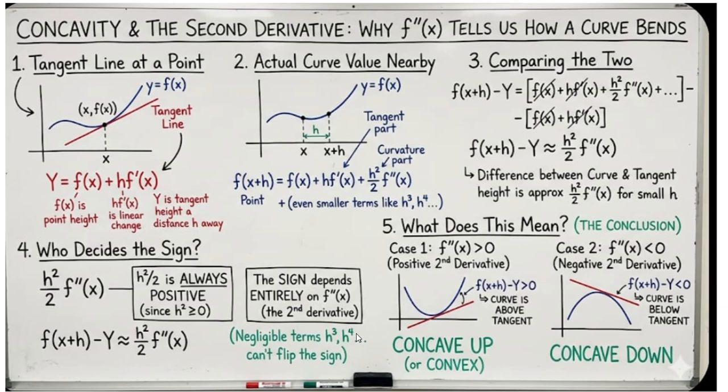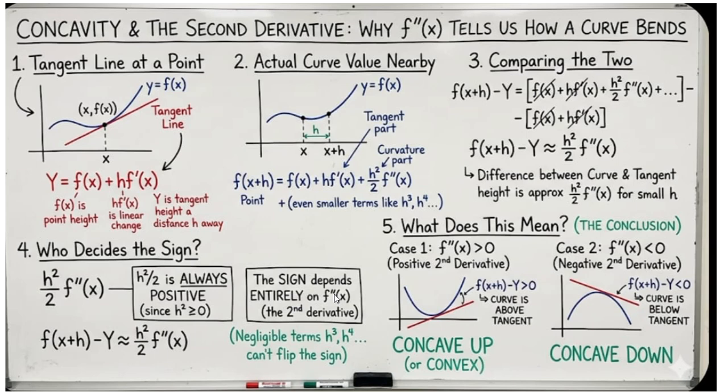One question comes: why can't the third derivative and higher terms make this negative? No, because they are negligible. Their contribution, with h cube, h to the fourth and so on, keeps decreasing, so the sign depends entirely on f double dash of x.